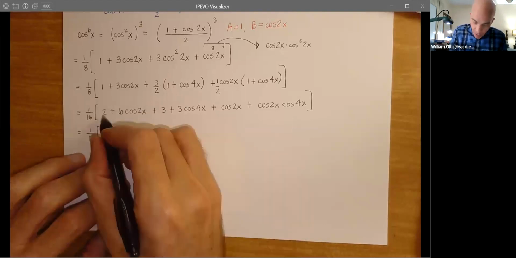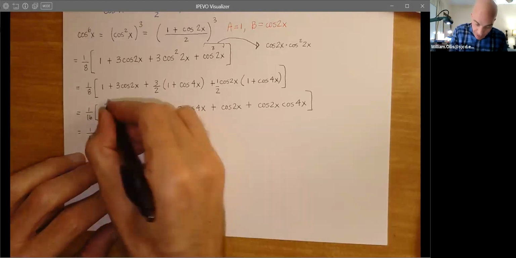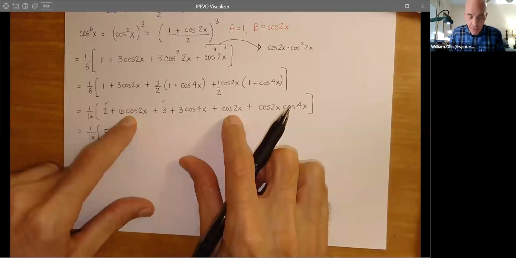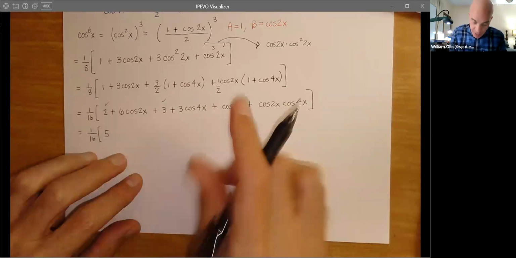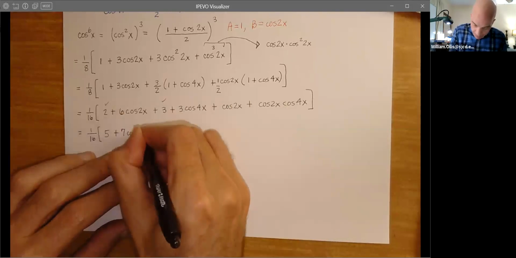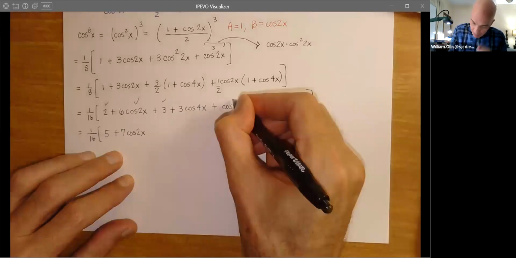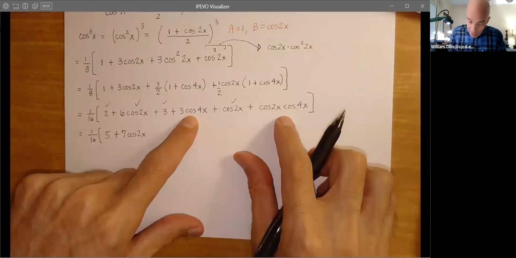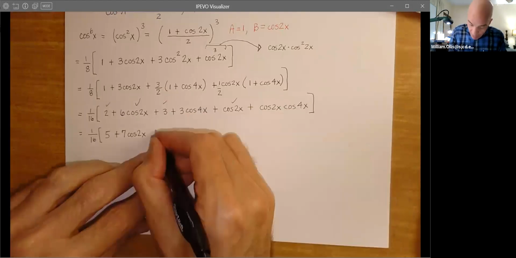And now what we can do is combine like terms and see what we have. We have a 2 and a 3, which will give us a 5. And now we have 6 copies of the 2x argument and 1 here, so that gives us 7. And then what's left? We've got this term, and they're not like, so we'll just write them down.